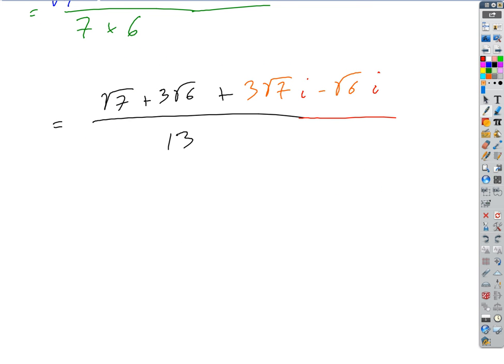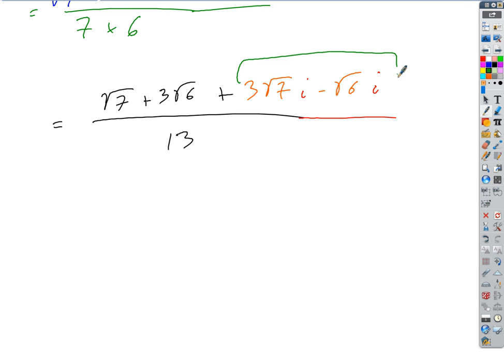Okay, now how do we deal with this mess? So these two terms right here, what can I do with those two? They both have an i in them, right? Okay, so it looks messy, but couldn't I just factor out an i?